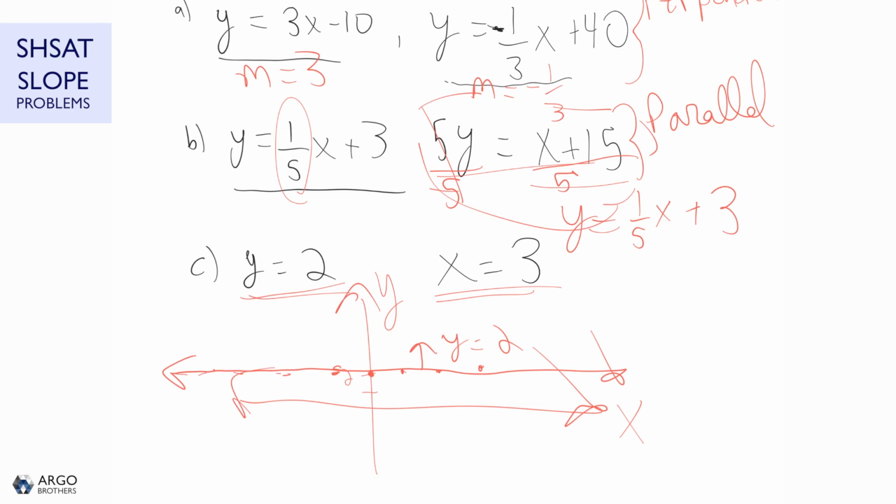Now let's look at the line x equals 3. x equals 3 is here. But also x equals 3 is here, and here, and here. So the line x equals 3 is a purely vertical line. And that line is parallel to the y-axis. So y equals 2 is parallel to the x-axis. x equals 3 is parallel to the y-axis.